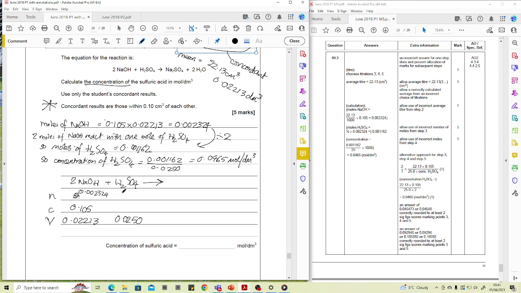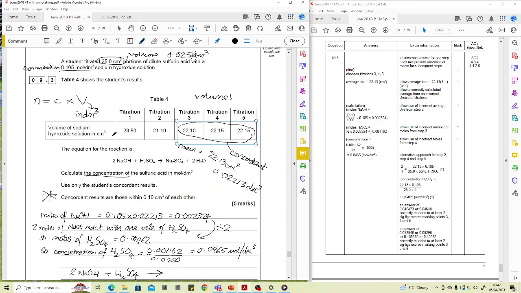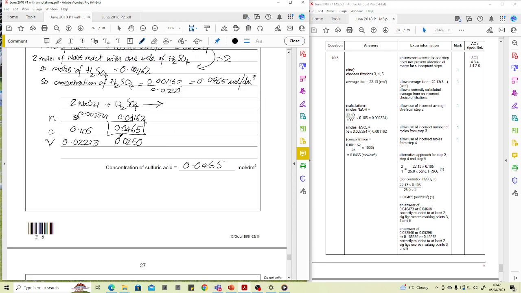Then we're going to do our moles of this one is divided by 2. And finally we can calculate our concentration without putting any typos in so that we don't miss marks. That's it. There's our target. Write it on the answer line. Great. So it says that you must show your working for this one, but you can have error carried forward for this one.